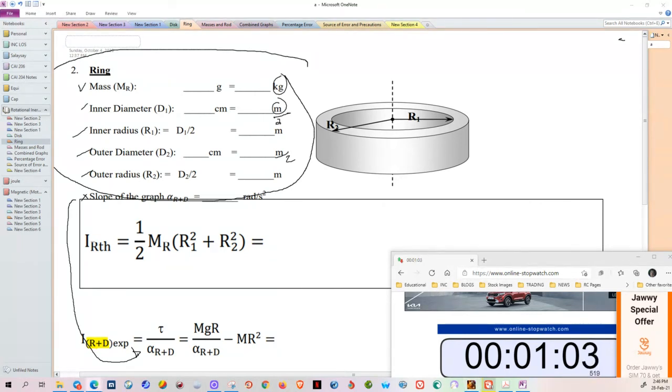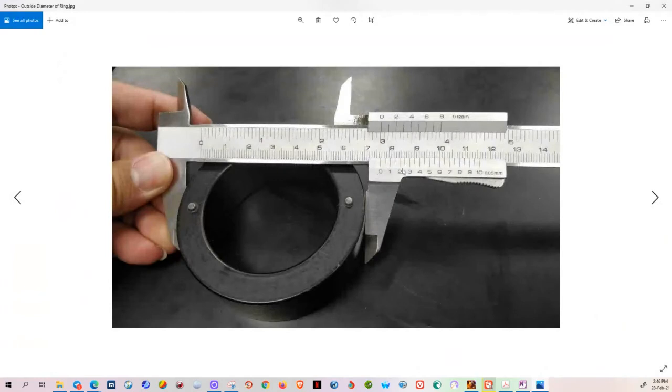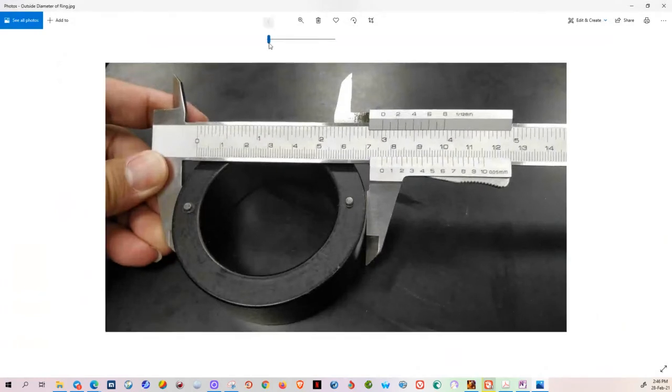Abdullah, we already gave D2. You missed it? Oh, come on. That's D2, diameter outside.